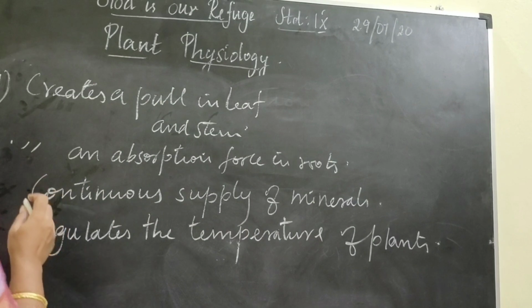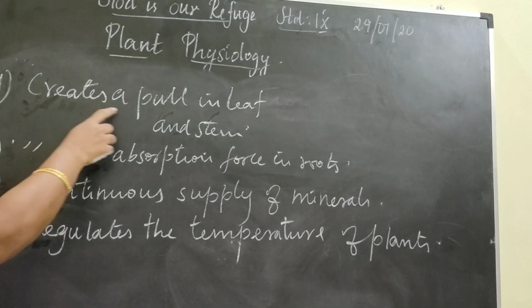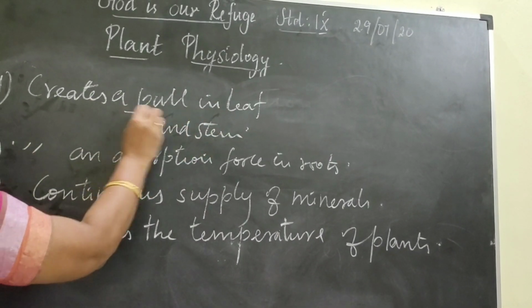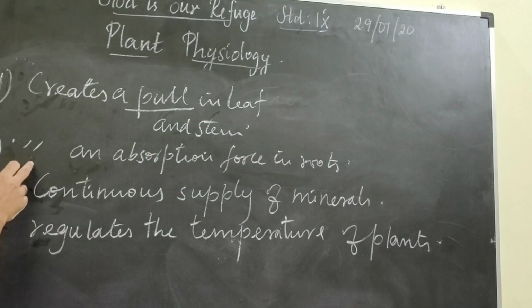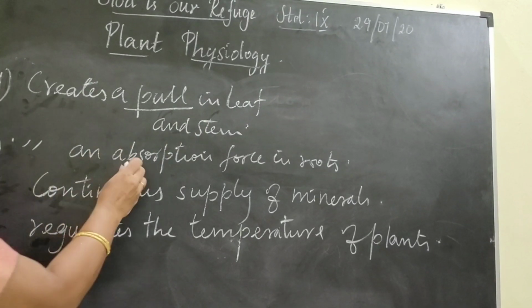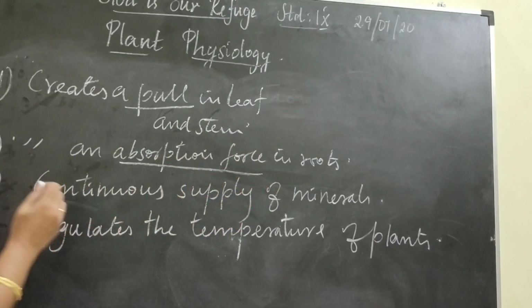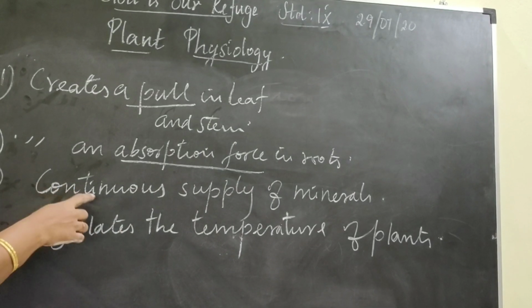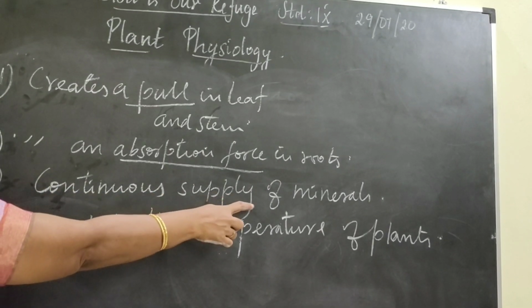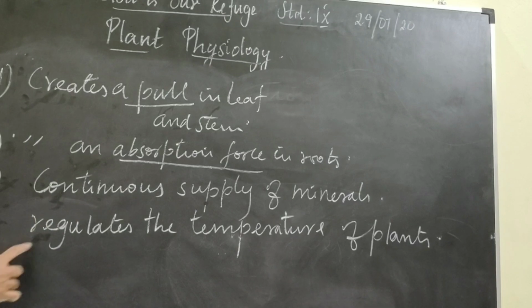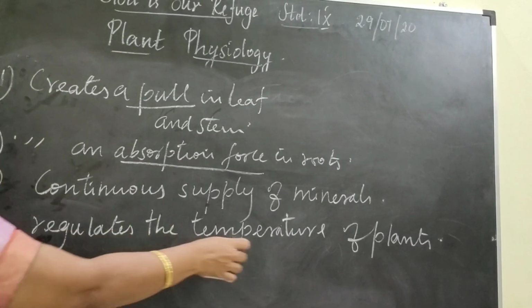What's the first point? It creates a pull in leaf and stem. And the second point, it creates an absorption force in roots. Third point, continuous supply of minerals. Fourth point, it regulates the temperature of plants.